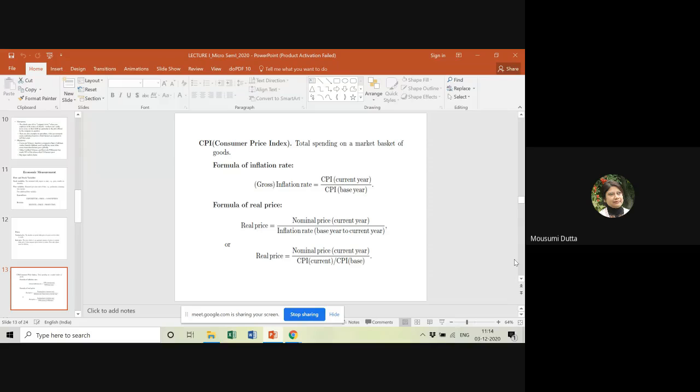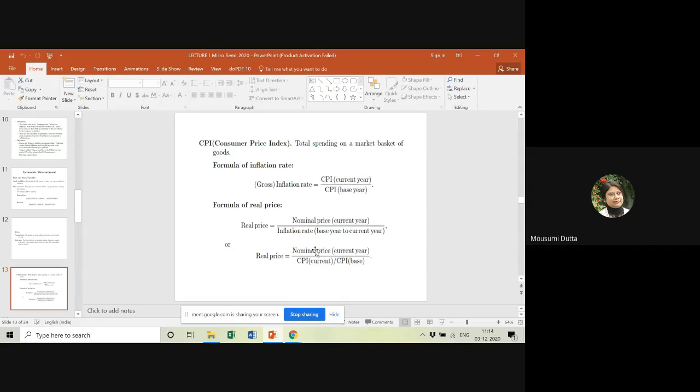Now, when you are considering the inflation rate, it is base year to current year. In other words, we may write the formula as nominal price, the current year price, divided by, in the denominator, CPI current divided by CPI base. This was the definition of the inflation rate.